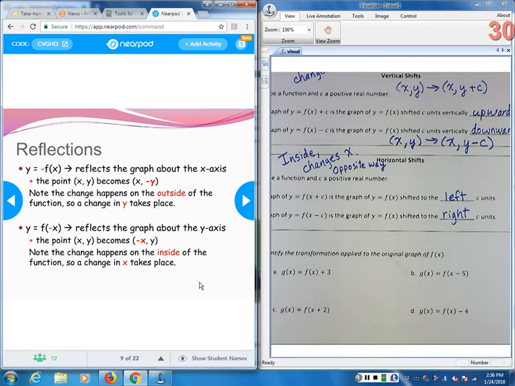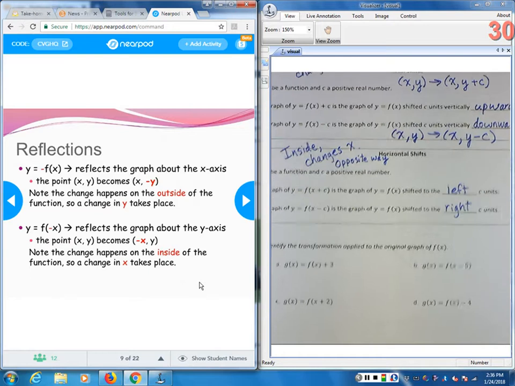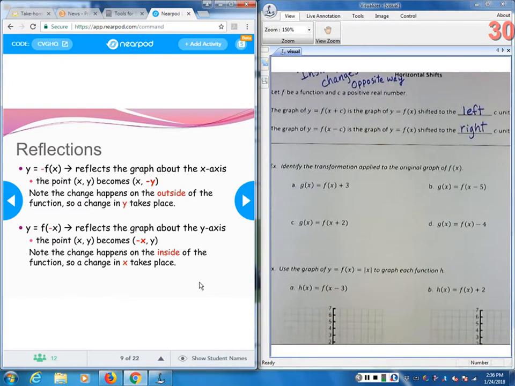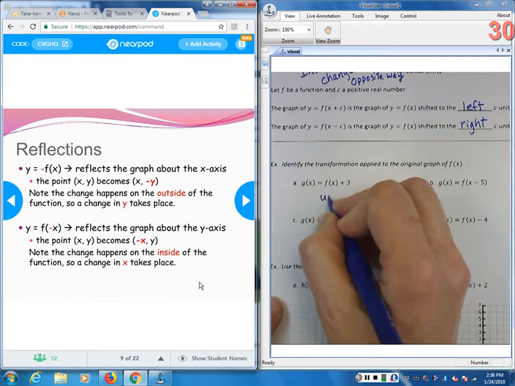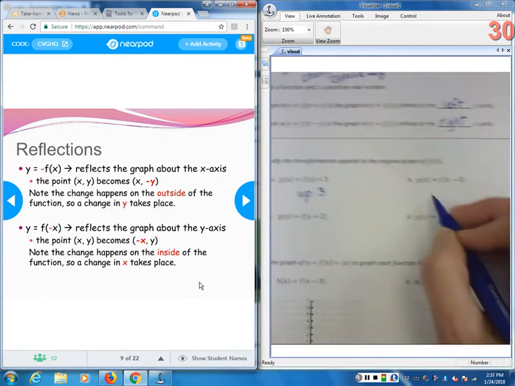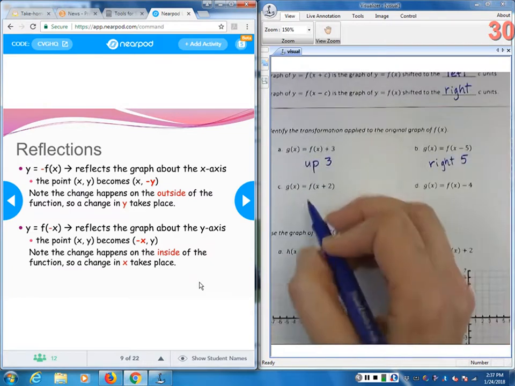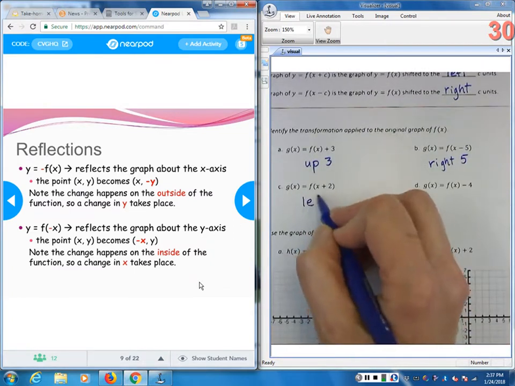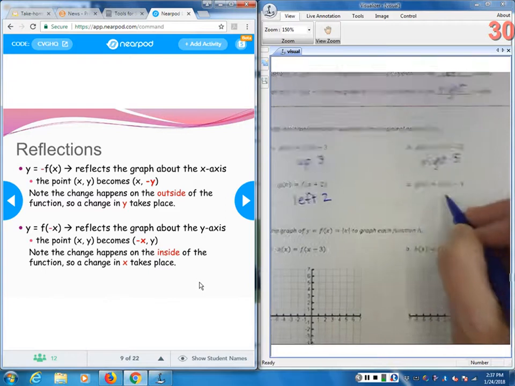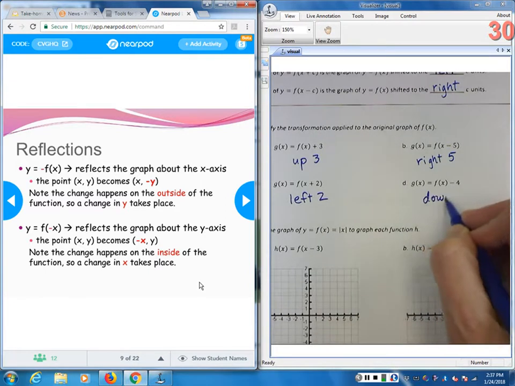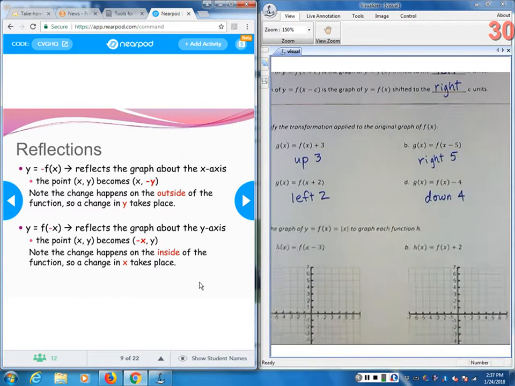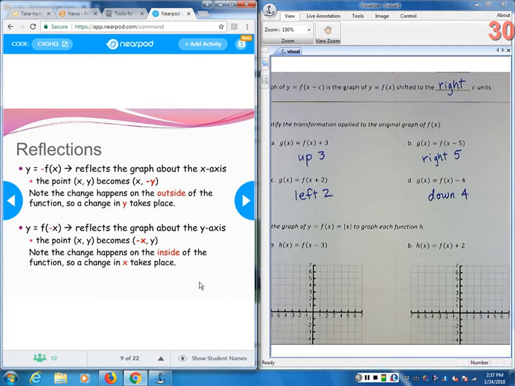All right, so you just did these examples. So this was up 3, this was right 5, this was left 2, and this was down 4. So that's your fill in the blank with these examples.